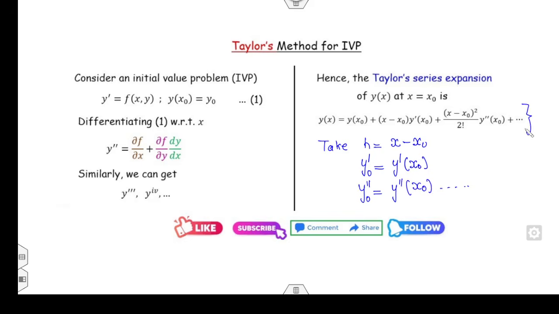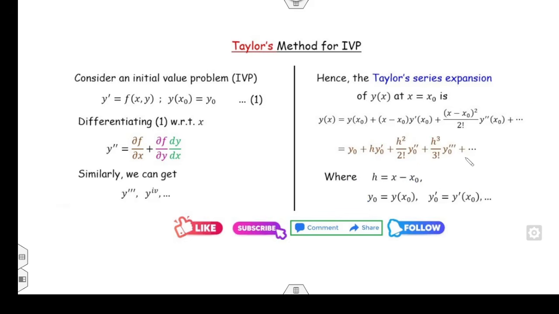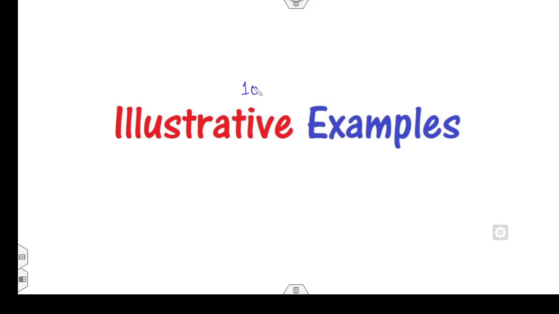If I substitute in the given Taylor series, we will get the required expression of Taylor's method. Now based on this single way, I can solve 10 plus numerical examples in this lecture.